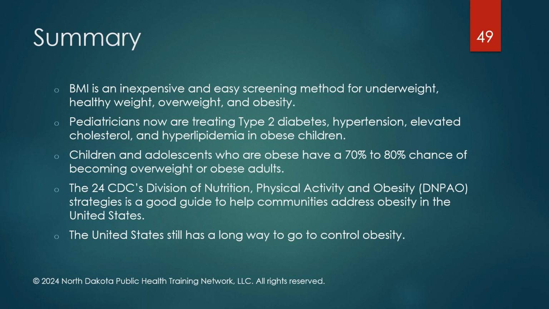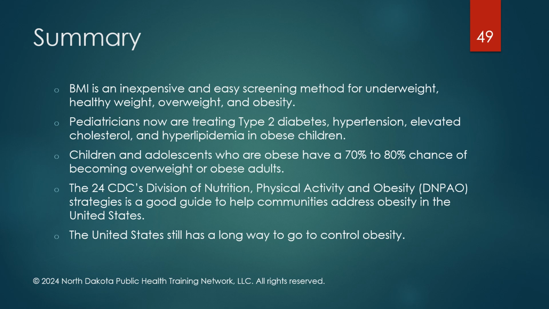In summary, BMI is an inexpensive and easy screening method for underweight, healthy weight, overweight, and obesity. Pediatricians now are treating type 2 diabetes, hypertension, elevated cholesterol, and hyperlipidemia in obese children.